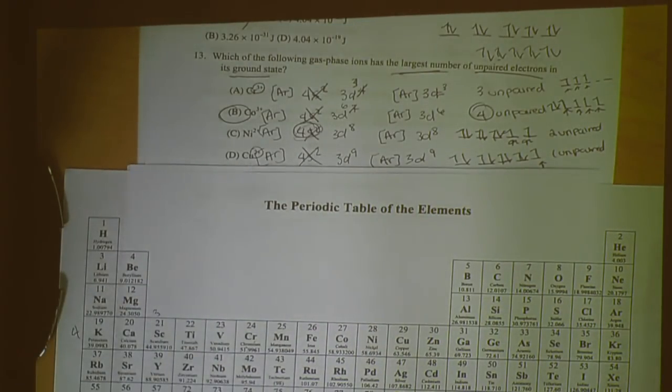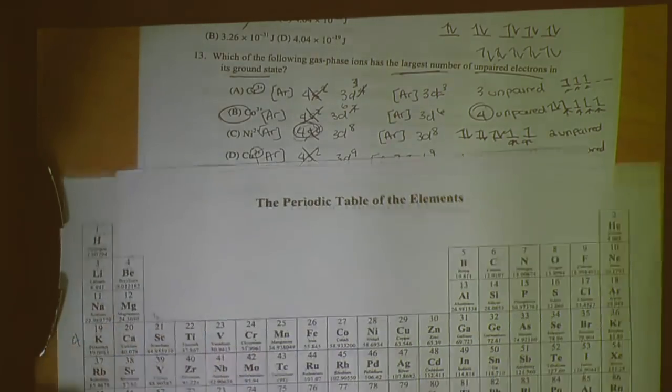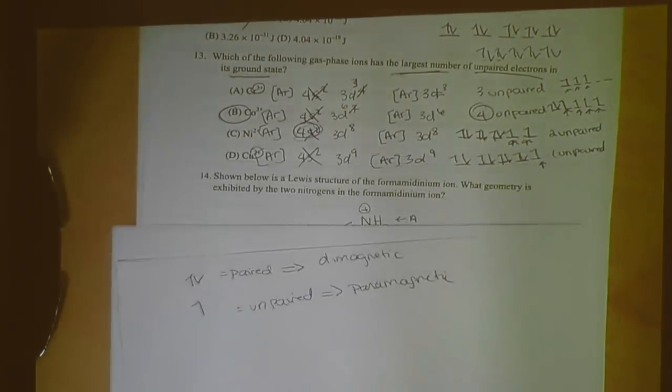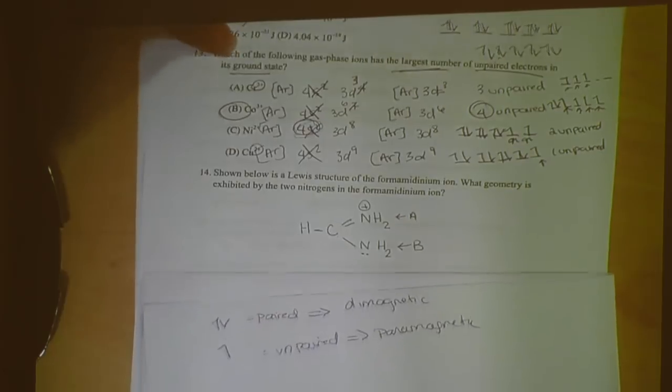And again, each orbital can hold up to 2 electrons, one up, one down, which is the positive half spin, negative half spin. Okay? This is more chapter 9, chapter 8, electron configurations.